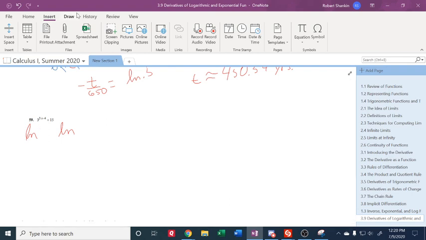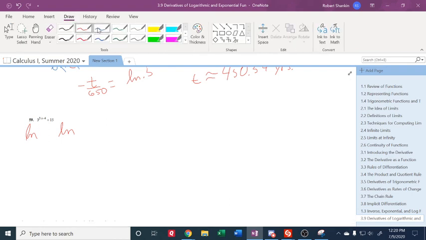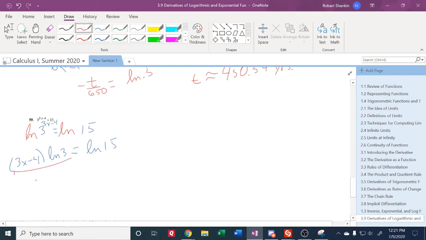ln of 3 to the 3x minus 4 equals ln of 15. And then this gets to come out in front. Divide by ln 3.